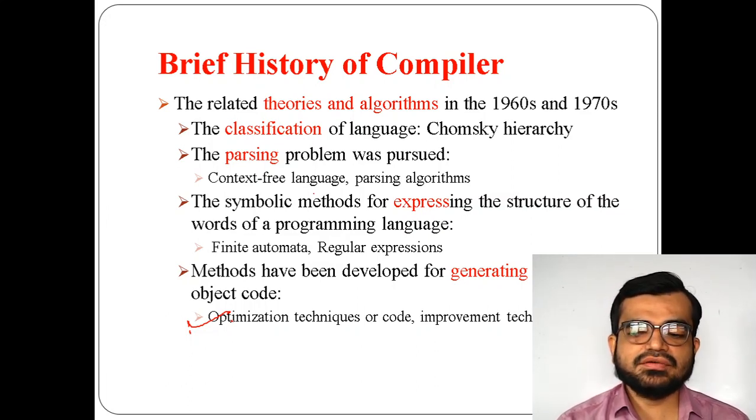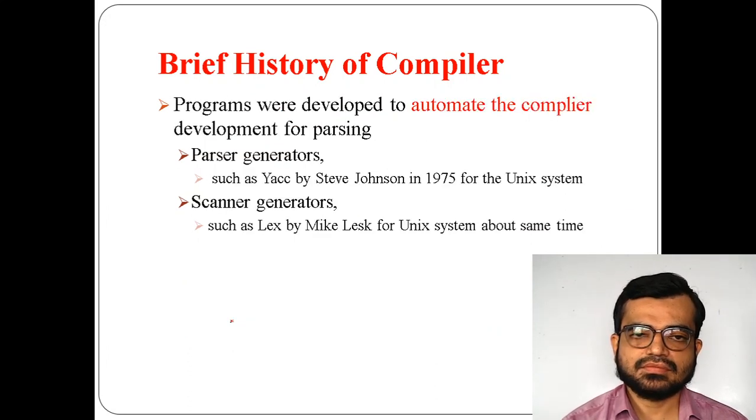Because of a proper and efficient addressing mode, the execution of that code will improve. So they implemented techniques to improve the code in terms of efficiency, in terms of speed, and having fewer lines of code. That is how they started working on that.